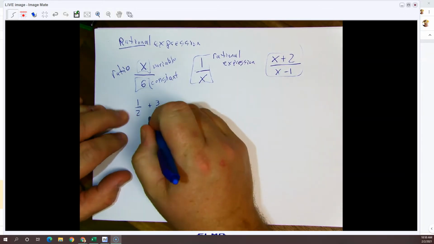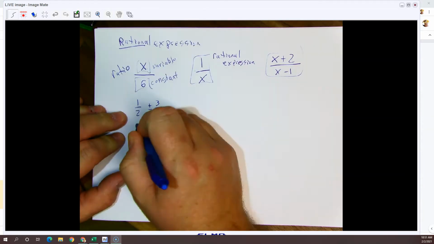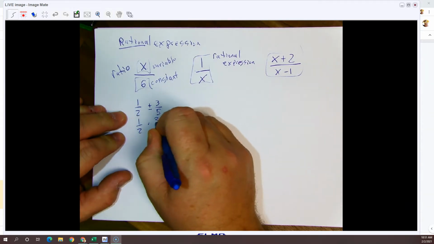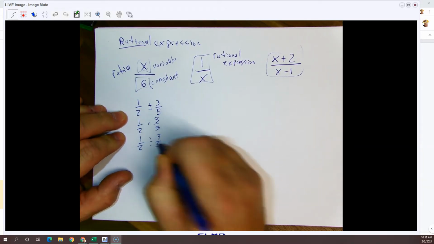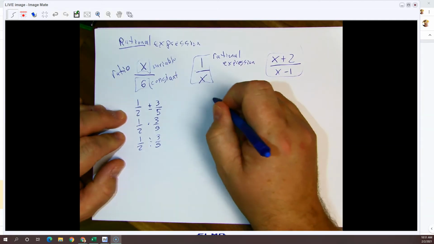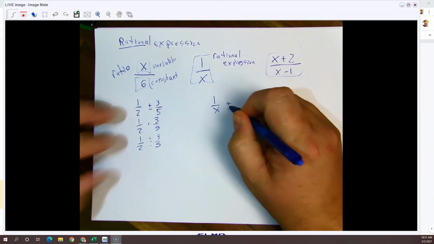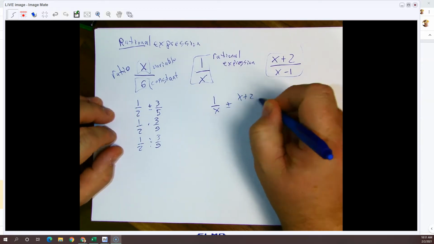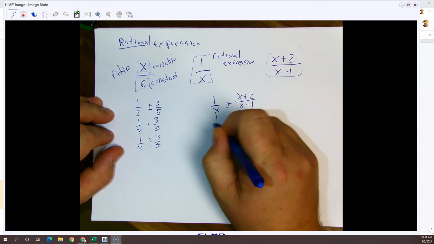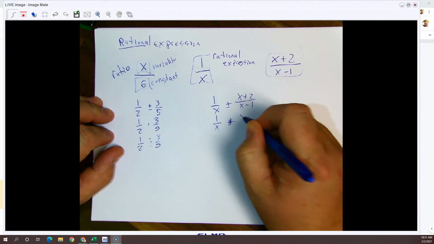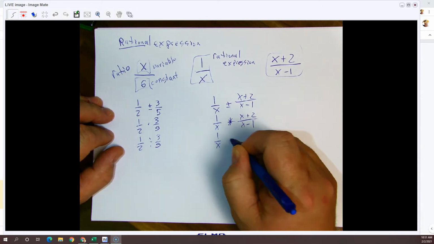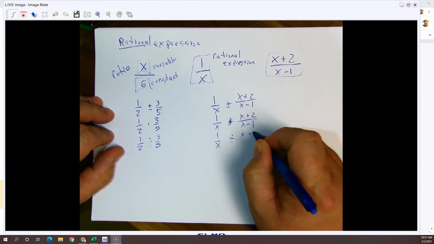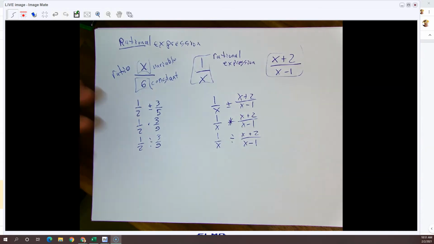So if I can add fractions or subtract fractions, multiply fractions, or divide fractions, those are the same rules I can use to add, subtract, multiply, or divide rational expressions. So you need to be able to do all of the basic 4 functions for rational expressions.